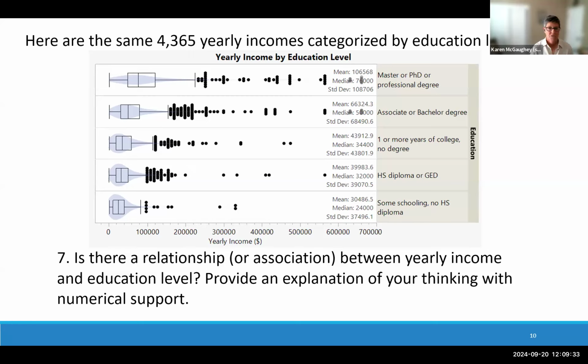And then I ask the students, does it look like there's a relationship or an association between yearly income and education level? I would want them to provide some explanation of their thinking with numerical supports, so citing the means or the medians and the fact that those differ, and that as education level increases, so do the means and medians.